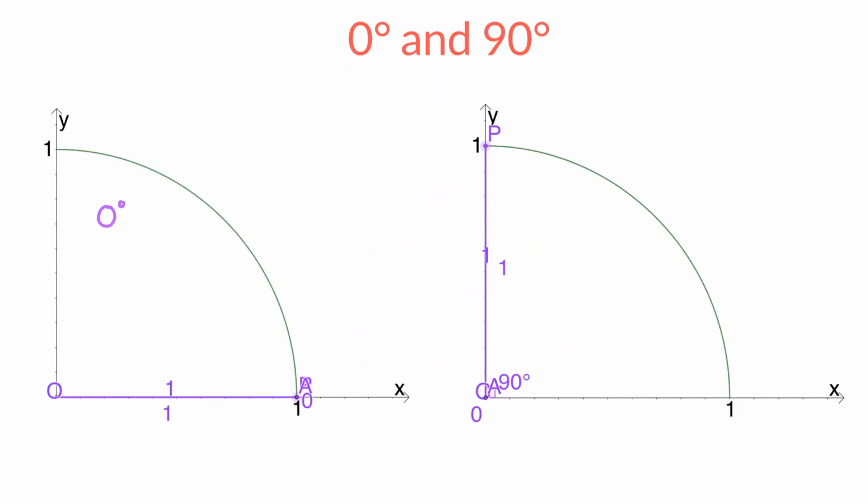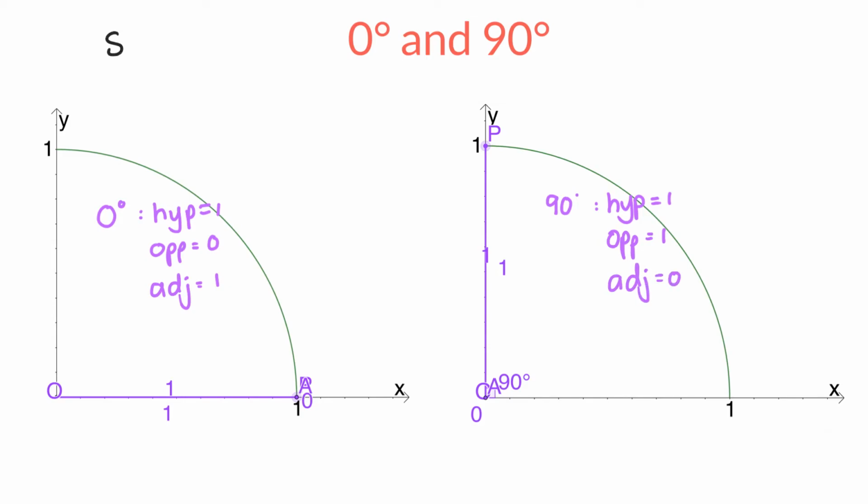For 0 degrees, my hypotenuse will be 1. My opposite side is 0, and my adjacent side is 1. For 90 degrees, my hypotenuse is still 1, but now my opposite side is 1, and my adjacent side is 0.